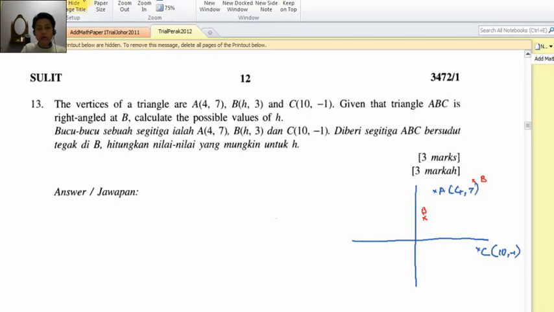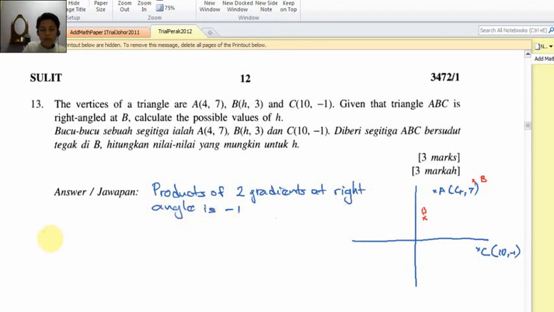All we know is that if they are at a right angle, then the product of the two gradients is minus 1, such that m1 times m2 is equal to minus 1.